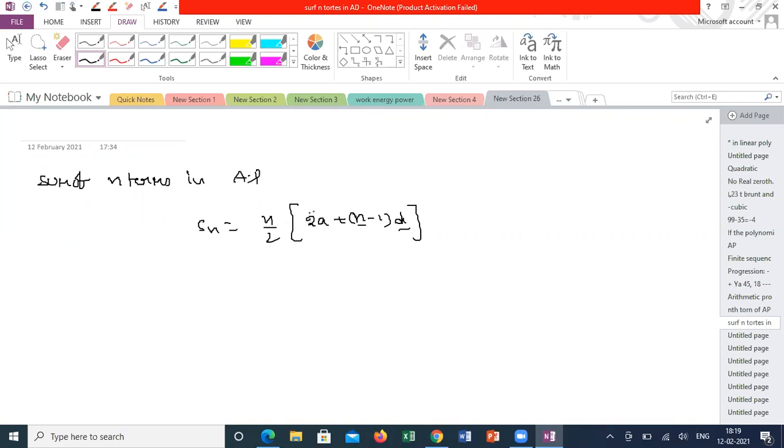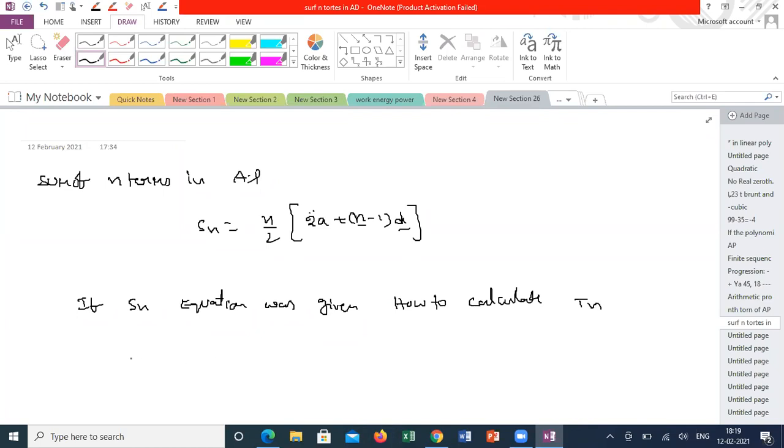How can I calculate the nth term of an AP if I am giving the Sn equation? If the Sn equation is given, how do we calculate the Tn value?